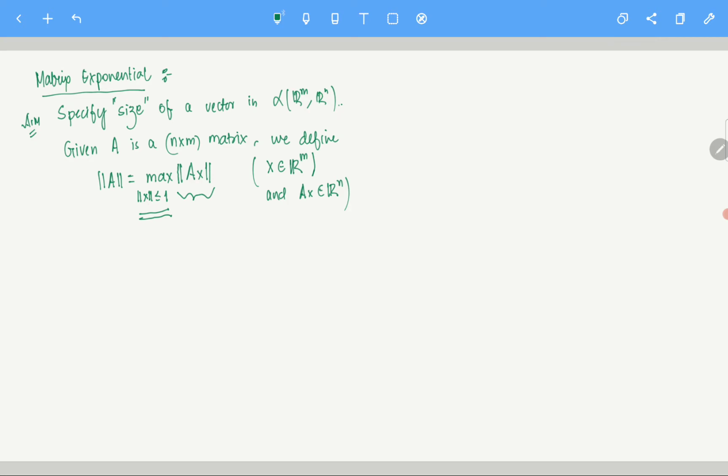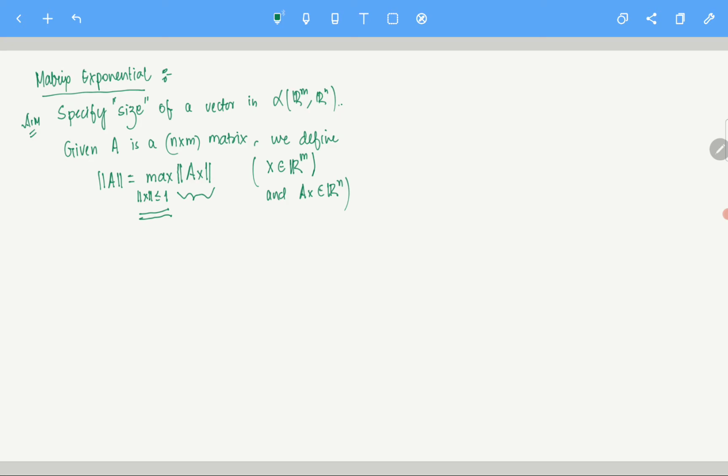Okay, so I see A acting on all the elements of x, and it is taking some values. You collect all these values. This is Rn, where I can define the size, the norm of the vector. Once I define it, I take all such things, and after that I take the maximum over this set, over the disk, norm x less than or equal to 1, okay.